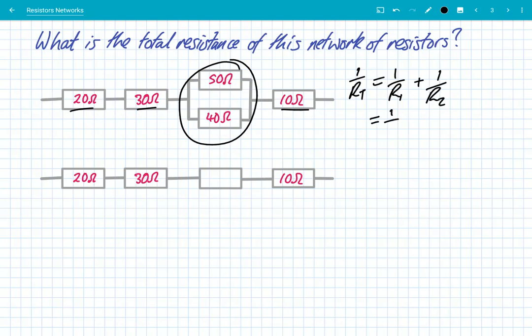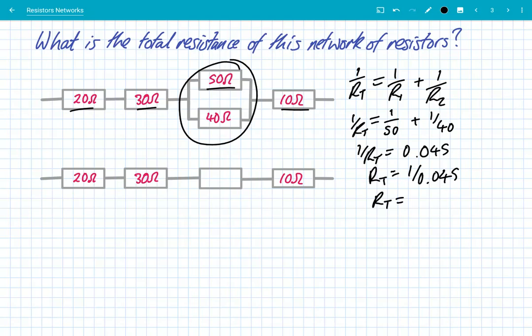That gives us 1 over 50 plus 1 over 40. Therefore, 1 over RT is simply 0.045. When we do the reciprocal to work out RT, we do 1 over 0.045. Therefore, RT is simply 22.2 ohms.